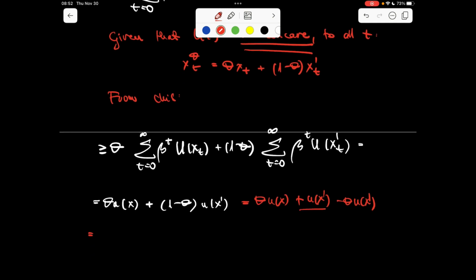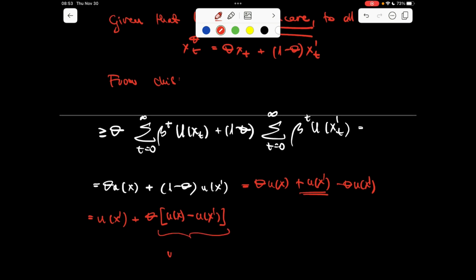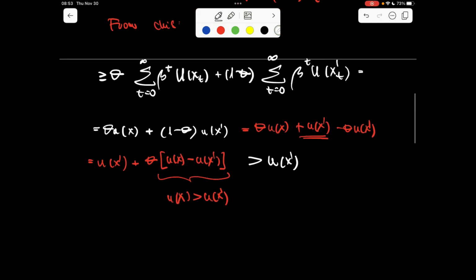Okay, so this is what we have. And given the fact that by assumption this inequality holds, finally we have this relation.